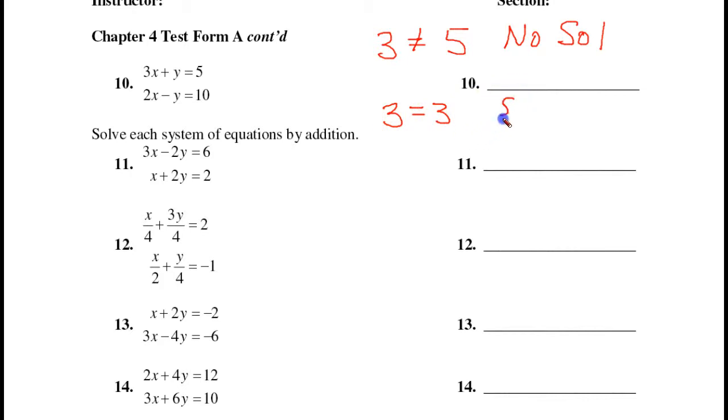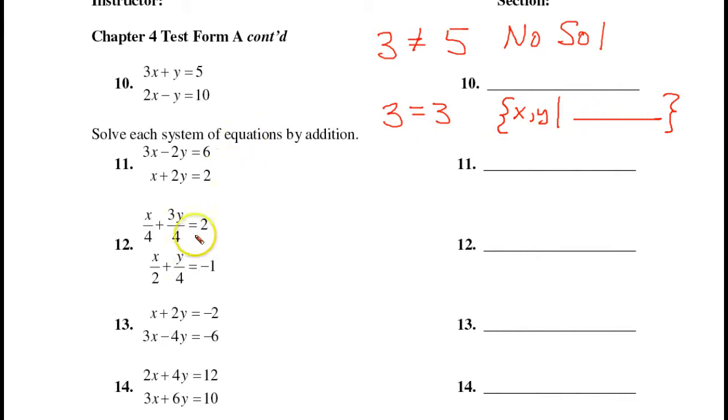And then you usually write your answer as x comma y such that, and then you write out one of the equations. Now the other one looks different initially from this one, but actually it's the same equation. It's just an equivalent equation that's either been multiplied or something added to everything so that it doesn't quite look the same. But when you boil it down, it's the same equation, and that's how you would indicate that.